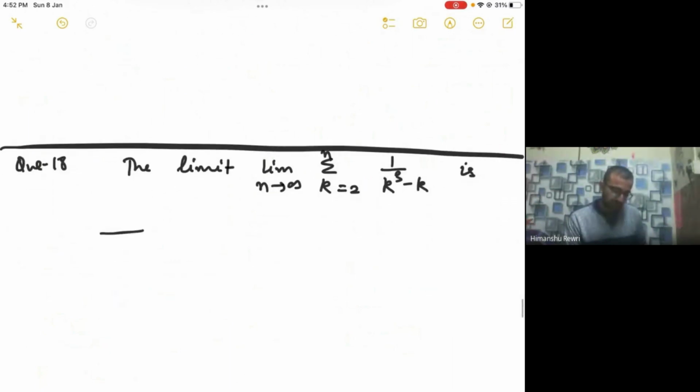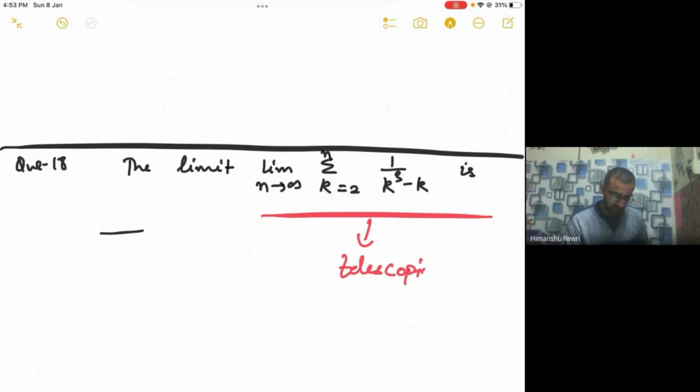So question number 18 is similar to the previous question we have done. What is the limit of this? This is the same as a telescoping series. So the answer will come out to be 1/4.